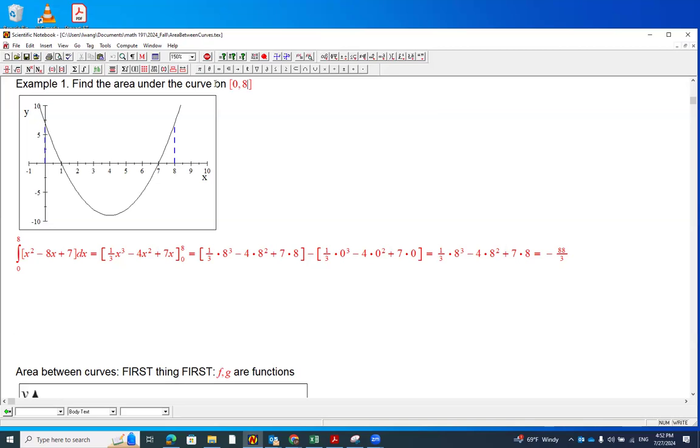The area underneath the curve, meaning the area between the curve and the x-axis. That's what we need.